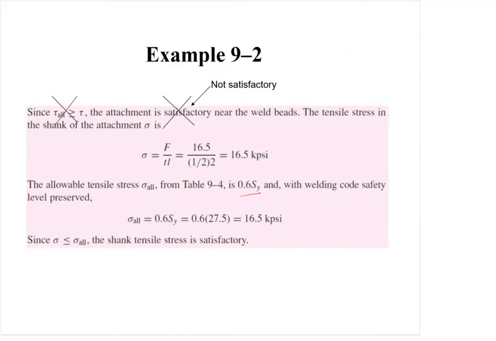Yep, 0.6, so this is correct. That's good. And so it was okay in tension. So the result is okay in tension, but it fails in shear. So no good.